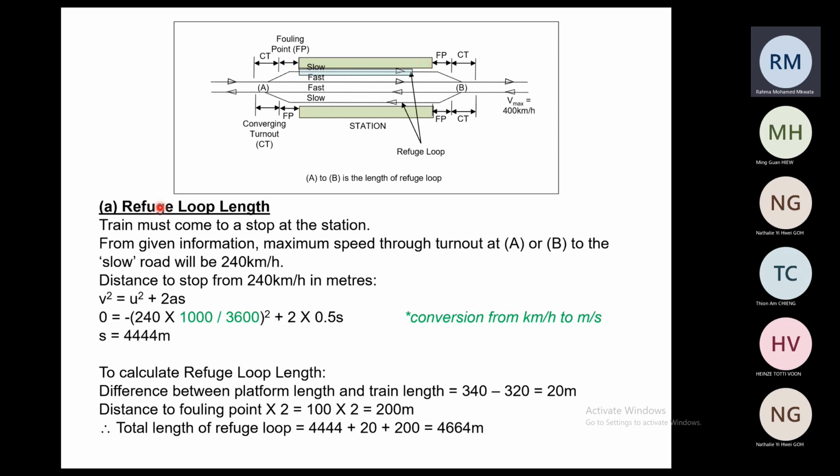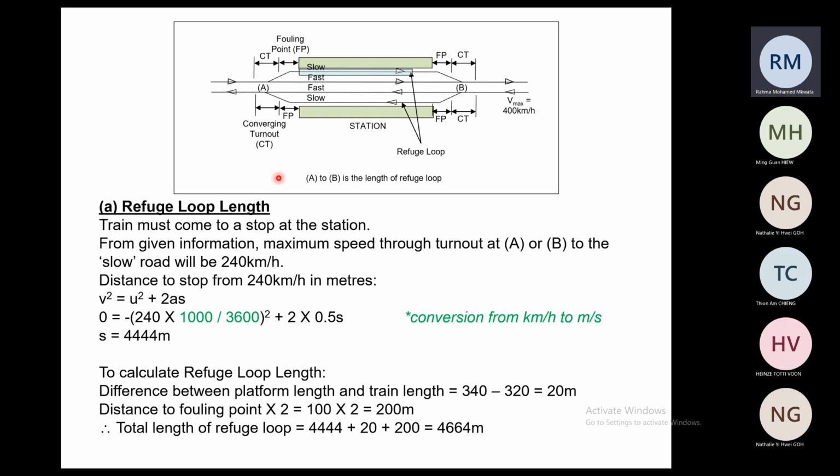So how do we calculate the refuge loop? Know that the train must come to a stop at the station. If it moves at 400 kilometers per hour, it starts to slow down to 240 kilometers per hour, then moves on and comes to a complete stop at the station, which is 0 kilometers per hour.